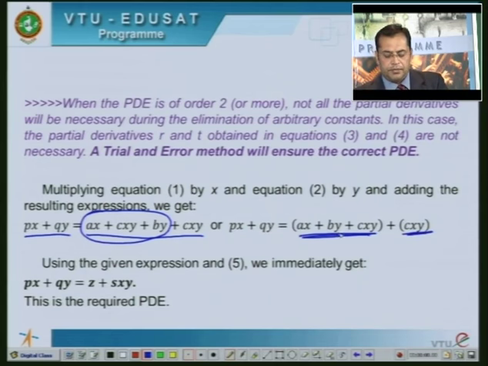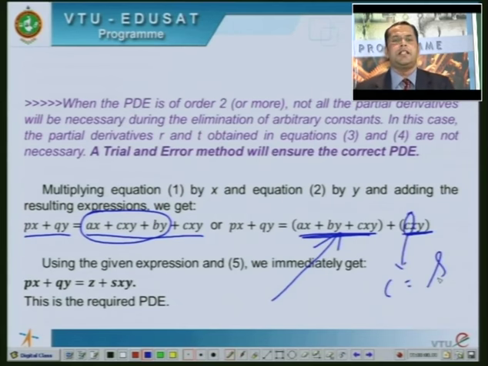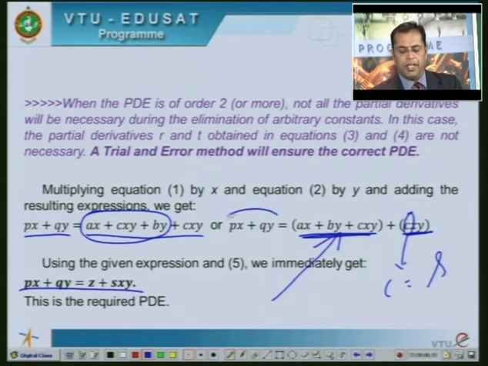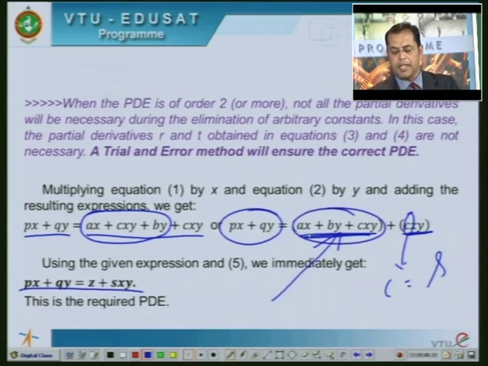Now, these 3 terms are the given expression z. So, ax plus by plus cxy is given to be z. You can replace that by z, and for the c here you can replace c by the partial derivative calculated already, c as s. So, finally, that gives you px plus qy equal to z plus s into xy, which is the required PDE.